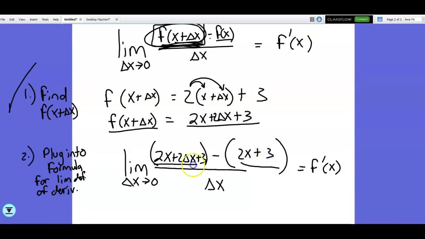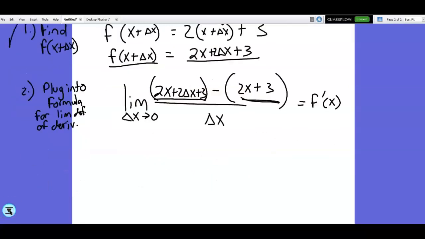So I have f of x plus delta x here. I've got f of x here. All right. The next thing that we're going to do is we're going to simplify the expression in the numerator. And usually that's going to require, like in this case, some form of distribution and combining of like terms.